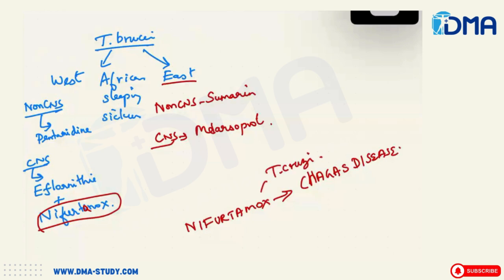So this is basically treated with nifurtimox along with benznidazole. And what is the treatment of choice for Toxoplasma gondii? Spiramycin. Come on, these are all important MCQs.